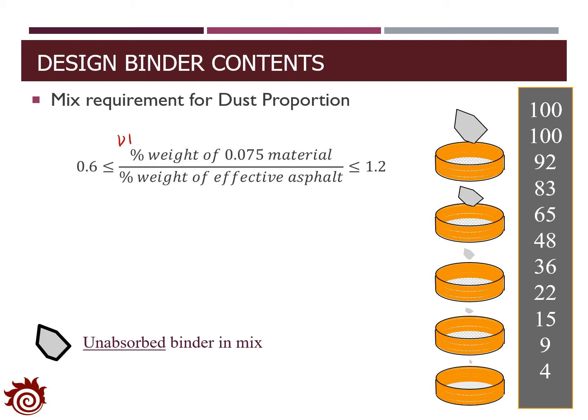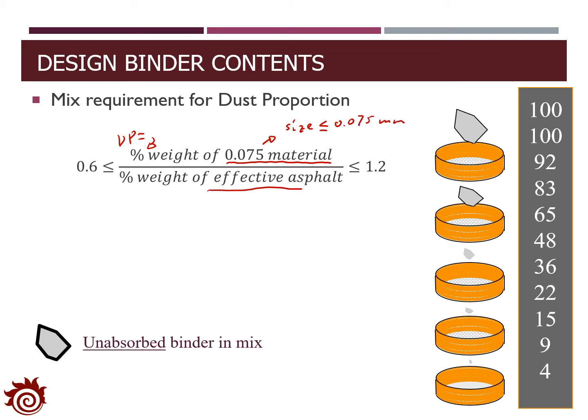There's also one mixed requirement for dust proportion. In general, the dust proportion is defined as the percentage weight of 0.075 materials over the percentage weight of effective asphalt. For the 0.075 materials, it represents the particles with the size less than 0.075 millimeters.